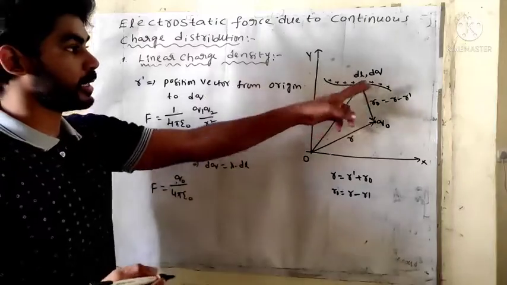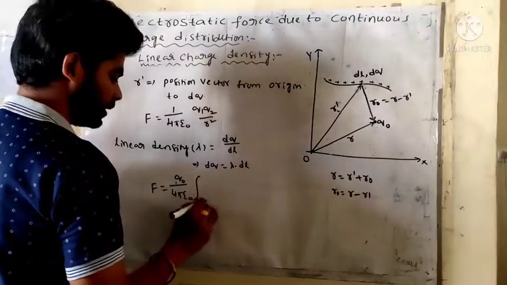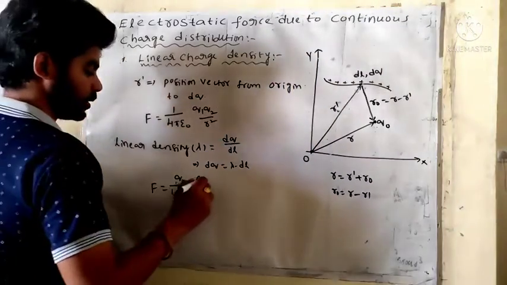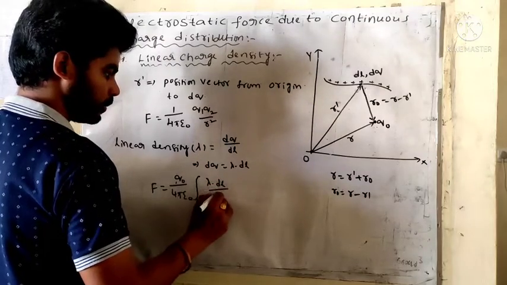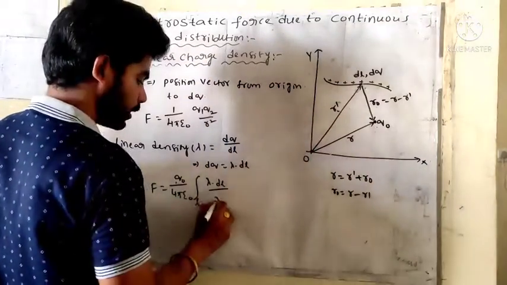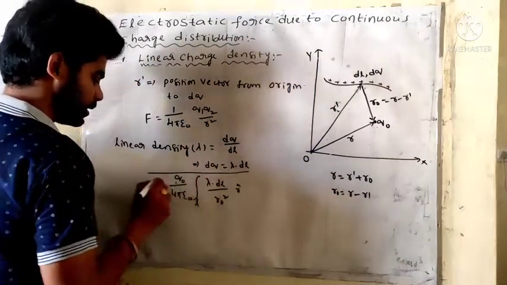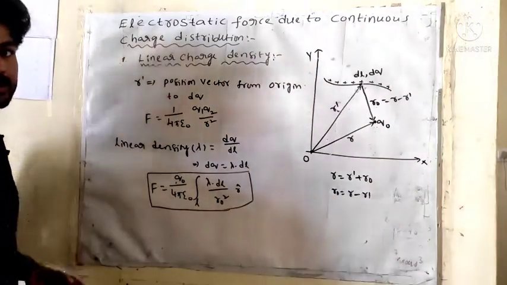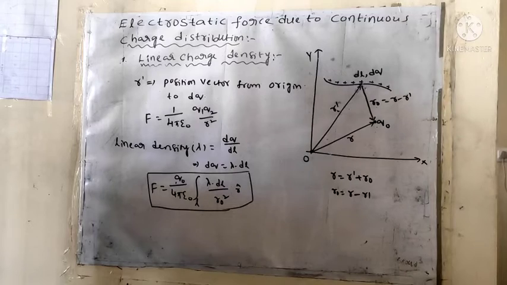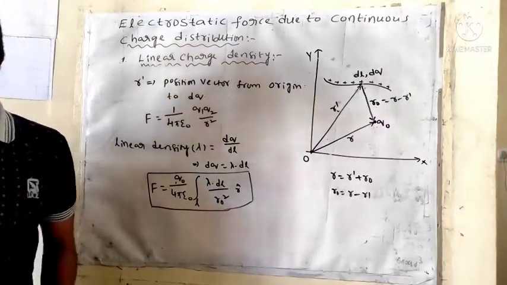We need the total charge of this linear conductor, so we do a line integration, with dq equal to lambda dl, divided by r naught square, multiplied by a unit vector. So the linear charge density force formula is F is equal to q naught by 4 pi epsilon naught times the line integral of lambda dl by r naught square. Please take a screenshot. We are discussing the next one.